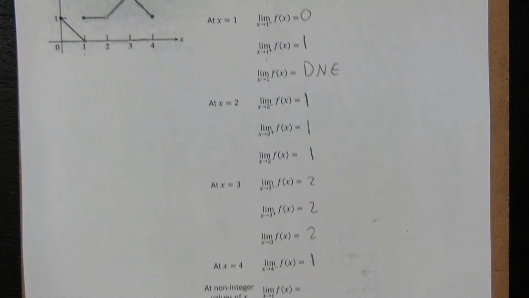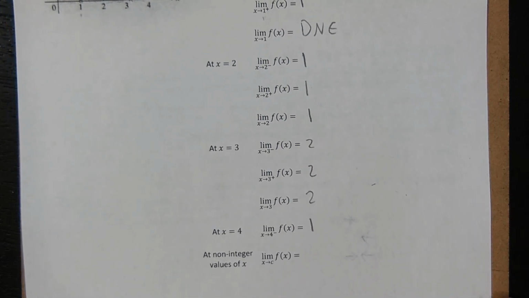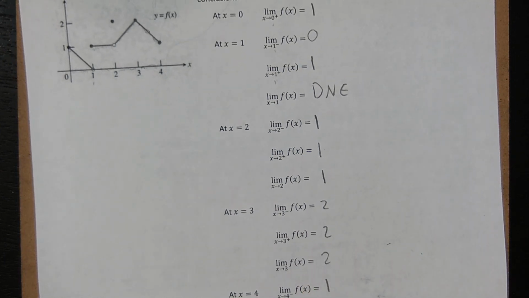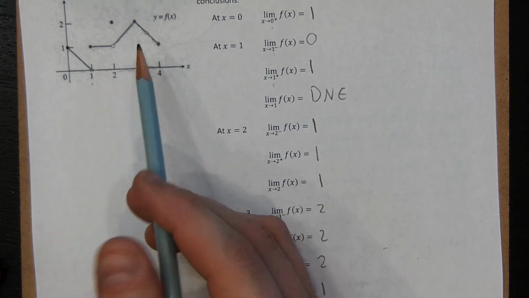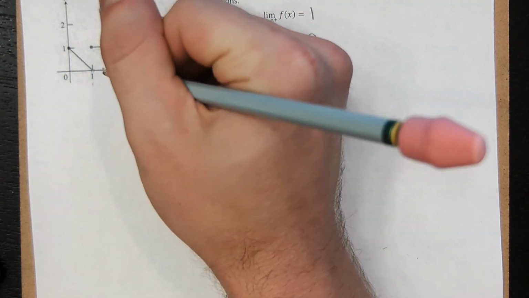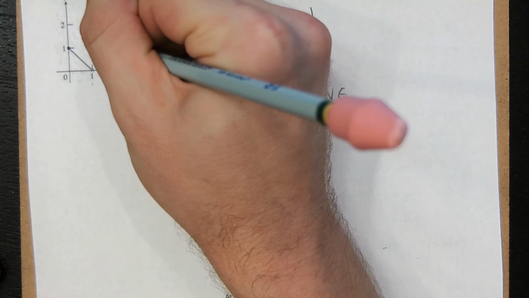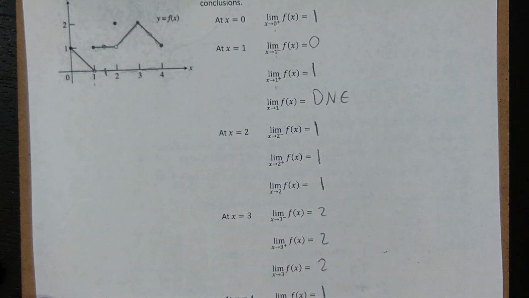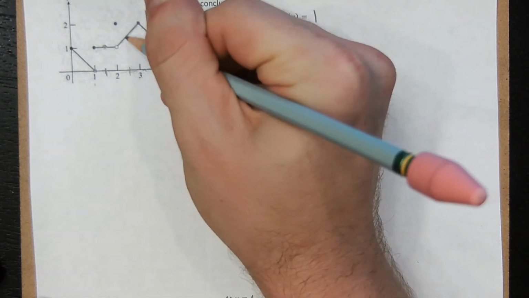And the last example says non-integer values of x. So x is approaching any number that is not an integer. I don't care. Pick one. How about 1.5? That's not an integer. Well, at 1.5, I would get this y value. How about 2.5? I'd get this y value.